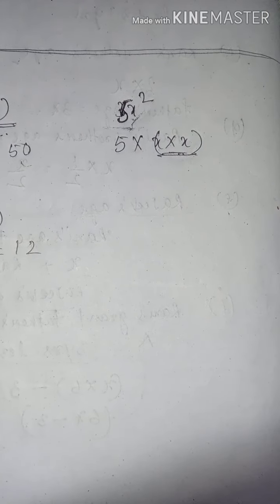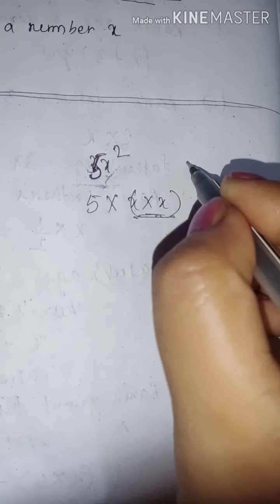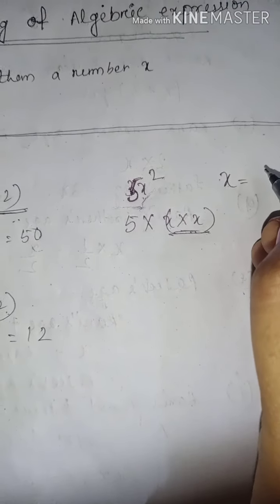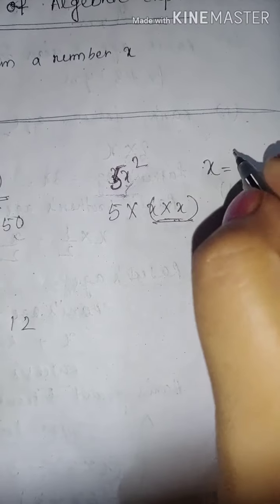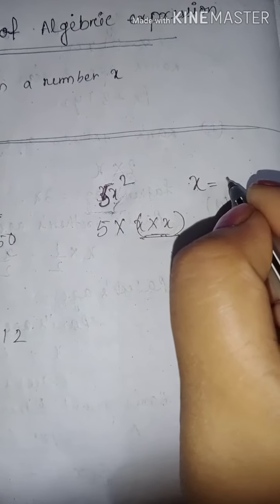Variable is replaced by given value. Suppose a value will be given to you. Suppose x is equal to 3. Okay, and now we can calculate.